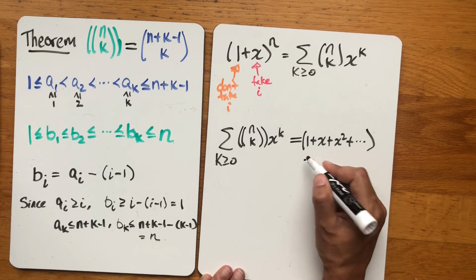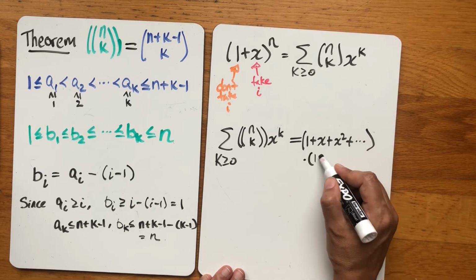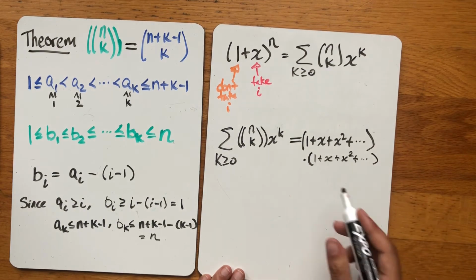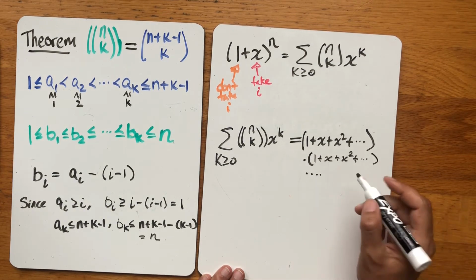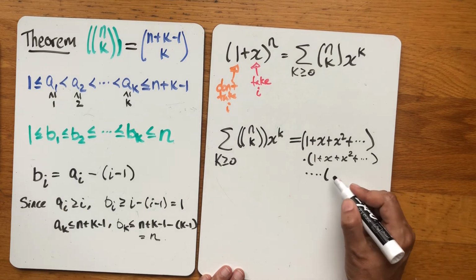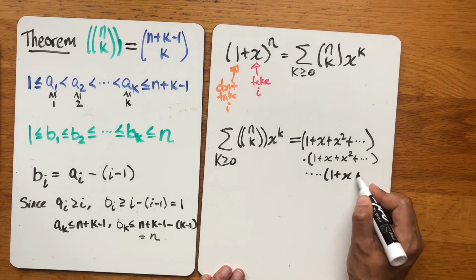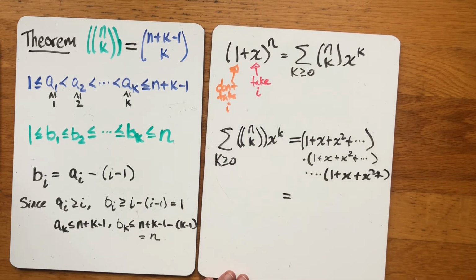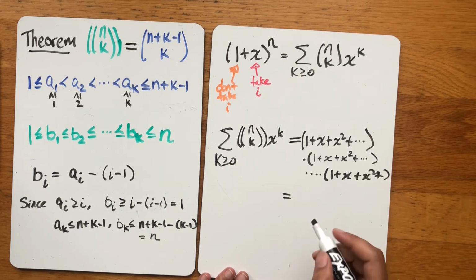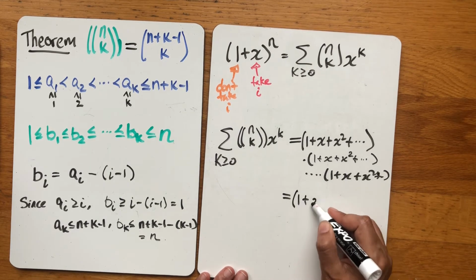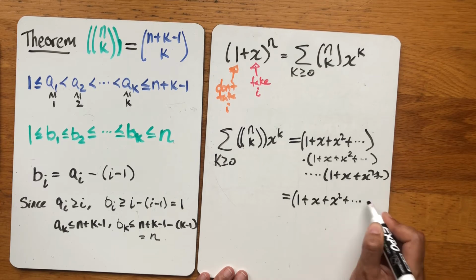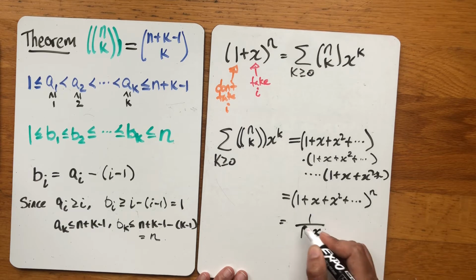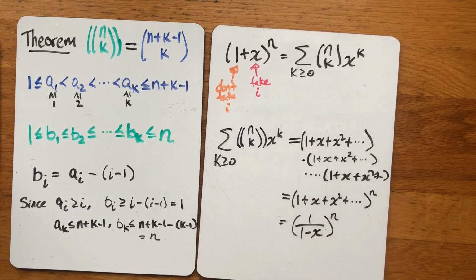And then the second thing in my list, the number 2, I could take it once, or twice, or 3 times, and so on and so forth. And you just keep going for however many things that you have. So what we get is that the generating function is 1 plus x plus x squared and so on, n times, which of course is 1 over 1 minus x to the n.